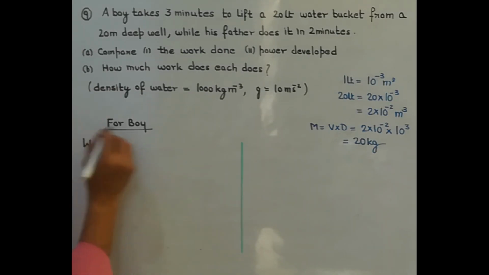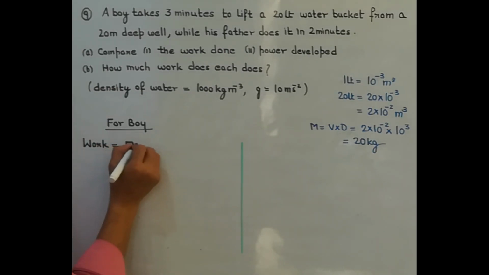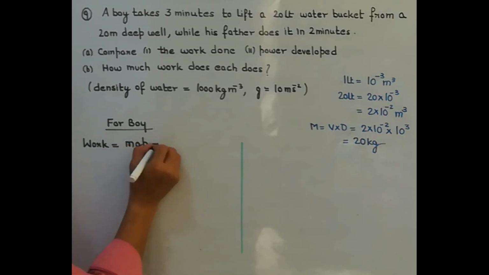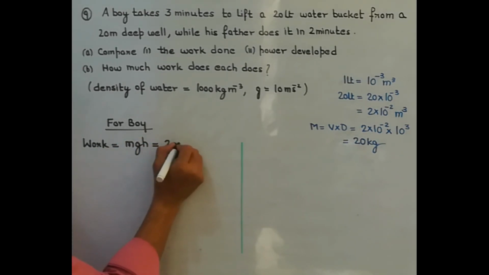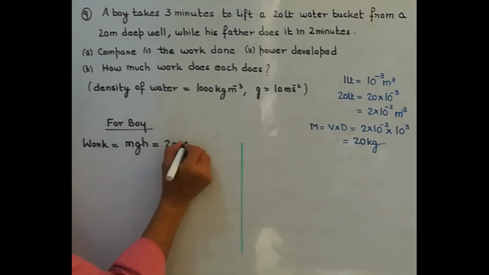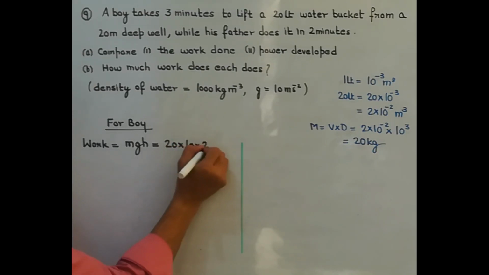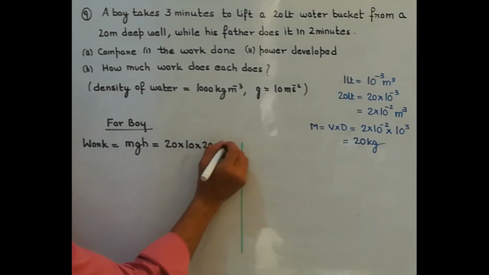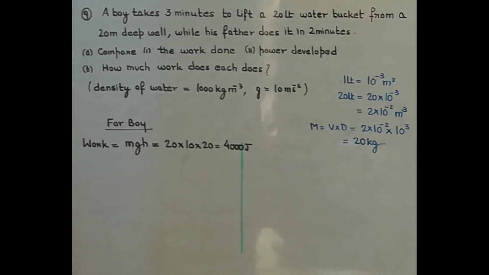Work is equal to mgh. How much mass of water is he lifting? 20. Through what height? 20. And the gravity is 10. So this is the work done by the boy, 4000 joule.